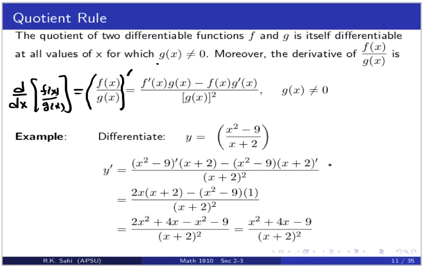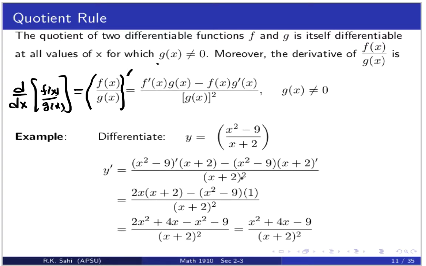Once you have written down the correct expression, it's just now doing derivatives and algebra. Taking the derivative of x squared minus 9 gives us 2x times (x plus 2), then this negative, and then (x squared minus 9) times the derivative of (x plus 2), which is 1, divided by (x plus 2) the whole square.